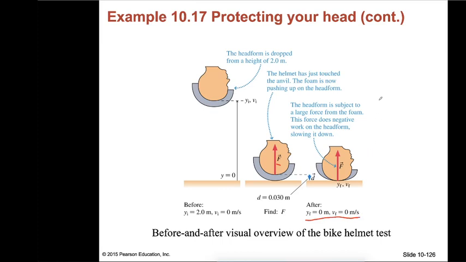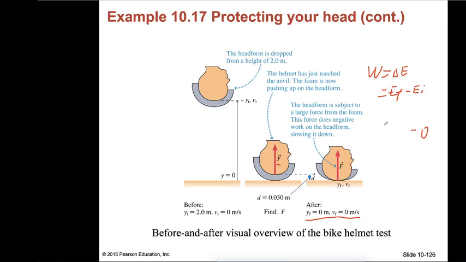Now, work equals delta E, which means E final subtracted by E initial. What's E final? It's 0, because at the end it doesn't have kinetic energy or potential energy.